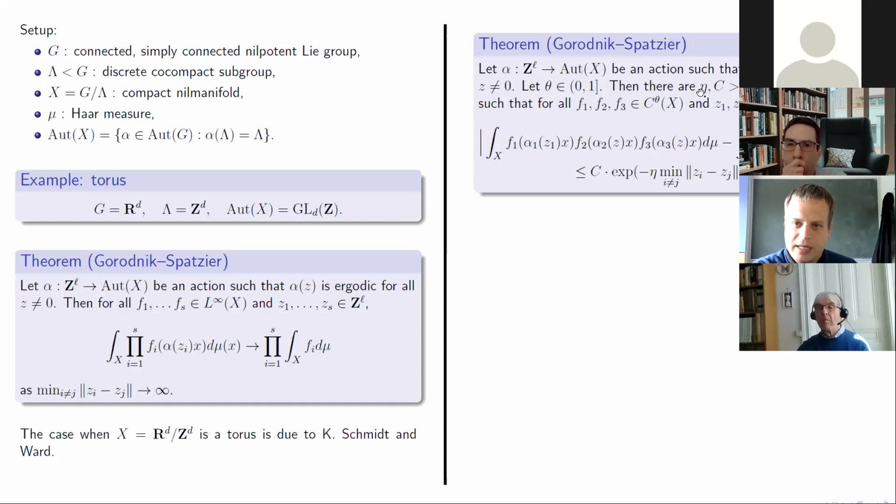And then the theorem says that there are some constants eta and c such that for all test functions f_1, f_2, f_3 in this theta-Hölder class, if you take z_1, z_2, and z_3 in the acting group, then if you compare this threefold correlation of the test functions twisted by the action with what it should be in the limit, so just the product of the integrals, then this is smaller than an exponential rate in the minimal distance between the z_i and z_j, times the product of the theta-Hölder norms of the test functions.